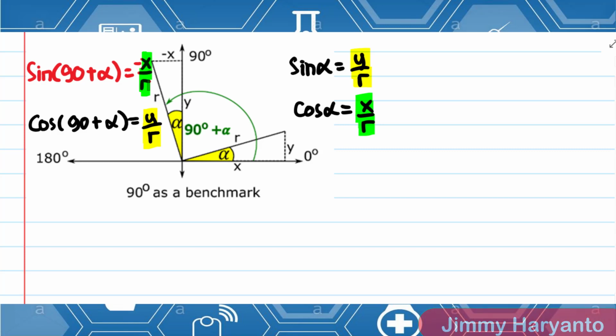Okay, the value is still the same. So from this one, we can conclude that sine 90 plus alpha equals cos alpha, and cos 90 plus alpha is the same as sine alpha. So if you use 90 degree and 270 degree, you have to change your trigonometric ratios into the corresponding one.